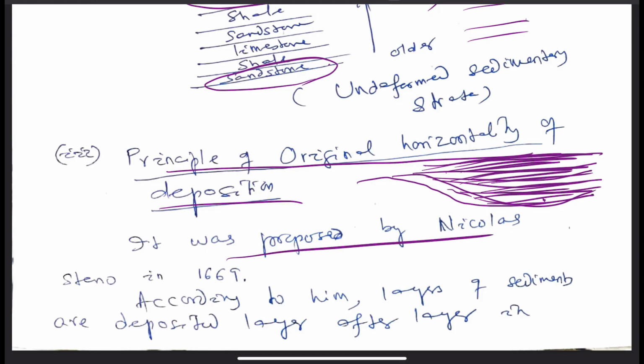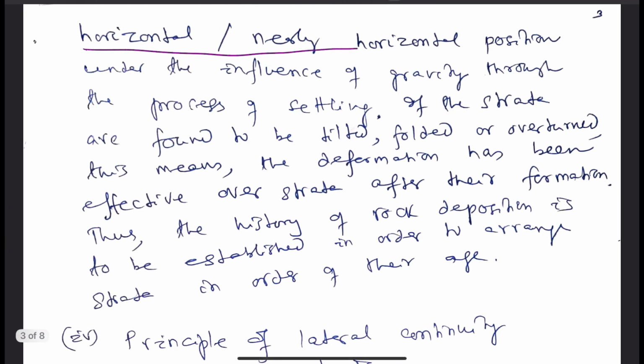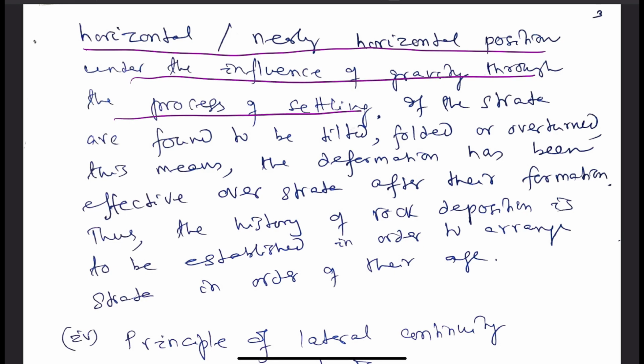It was proposed by Nicolas Steno in 1669. According to him, layers of sediments are deposited layer after layer in horizontal or nearly horizontal position under the influence of gravity through the process of settling.